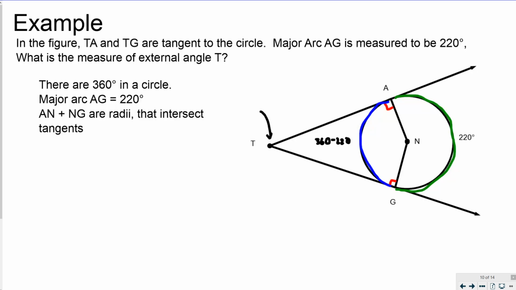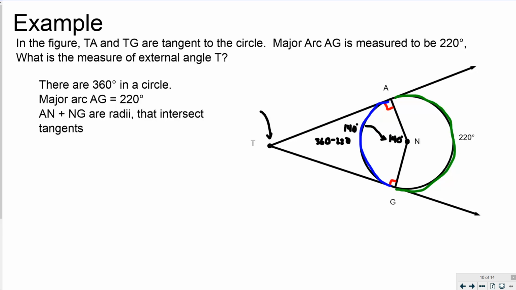The entire 360 degrees in a circle, take away the 220 we already have, leaves us with 140 degrees for the arc on the inside.